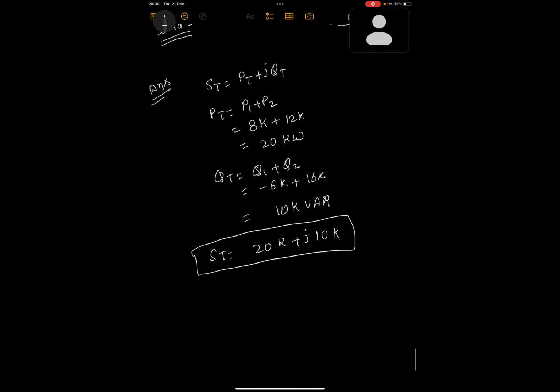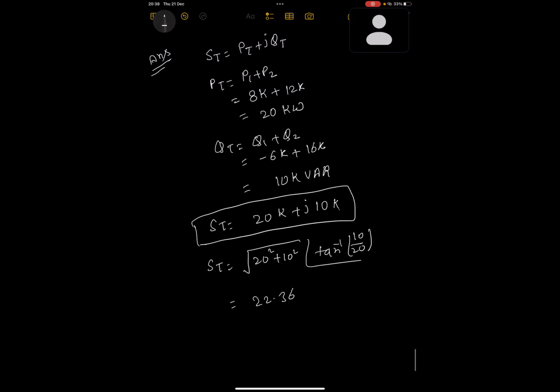When you convert it into polar form, S total will become square root of 20 squared plus 10 squared, and the angle is tan inverse of 10 by 20. So this will become 22.36, and the angle is 26.56 degrees.